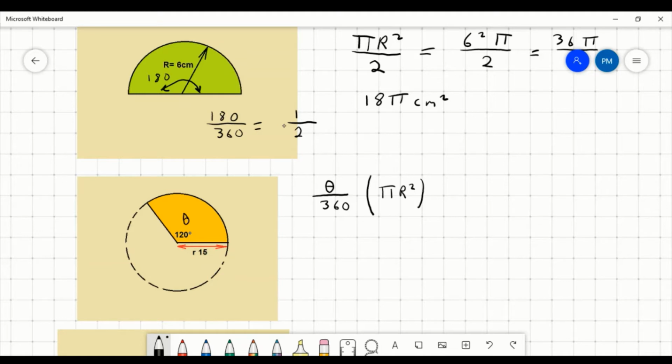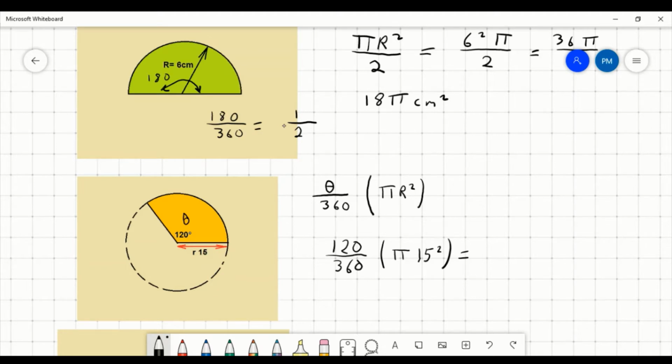So you can see in this particular example, we've got 120 over 360 multiplied by pi, and r in this case is 15, so 15 squared. We can break this fraction down further. If I divide 120 into 360, I actually get 3, so it's a third of the overall thing.